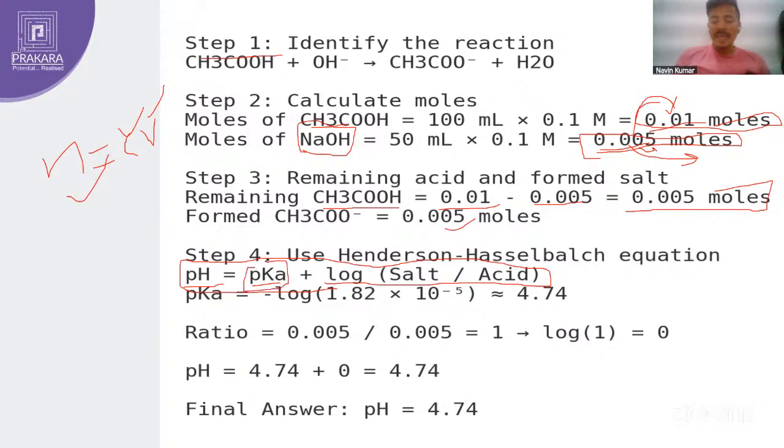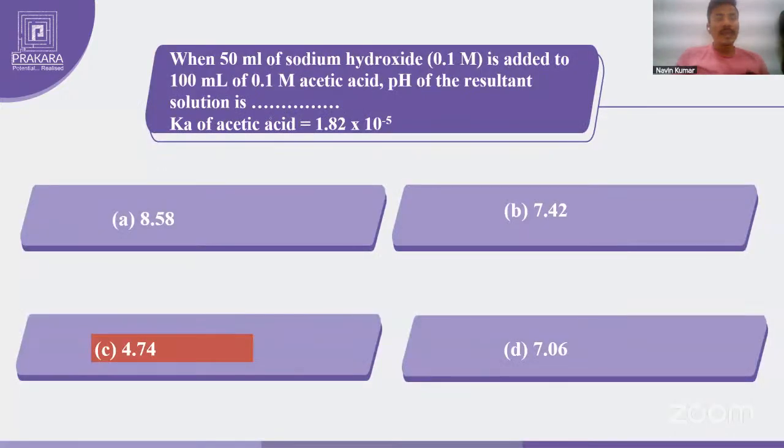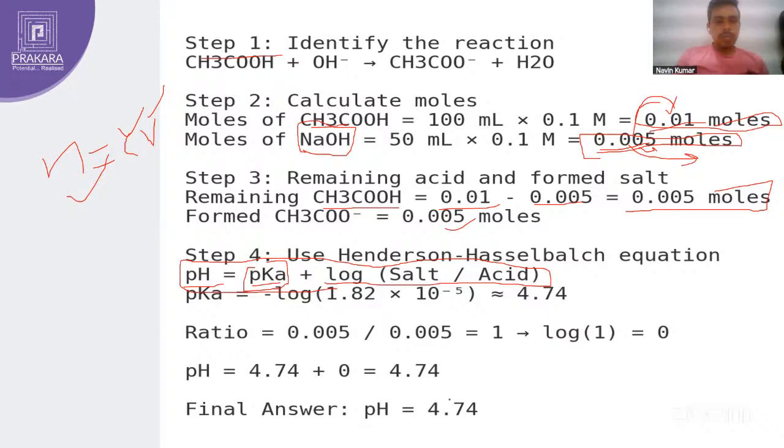For pK, the given data was the K of acetic acid, that is 1.82 times 10 to the power minus 5. When you calculate the pK, you will get 4.74.